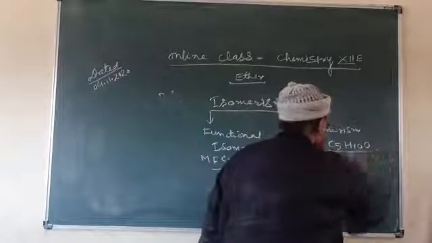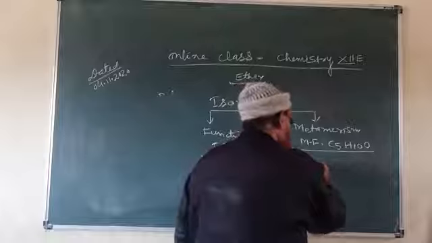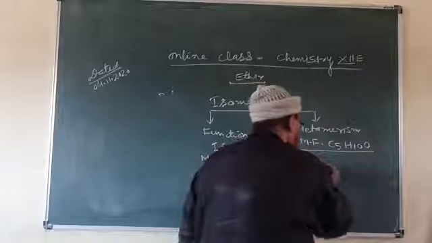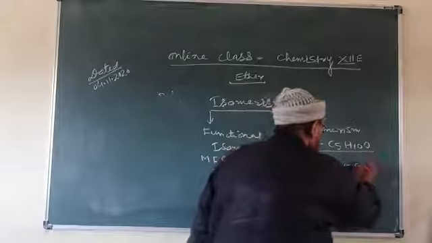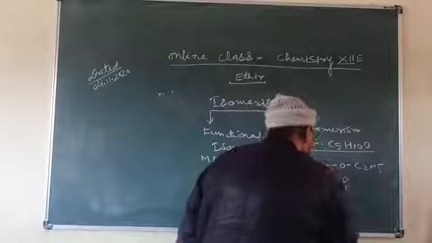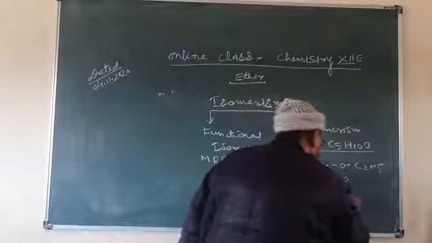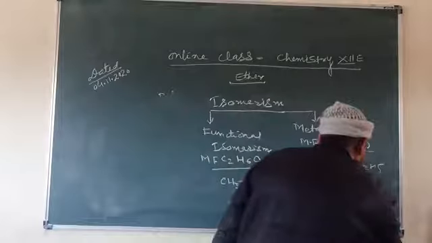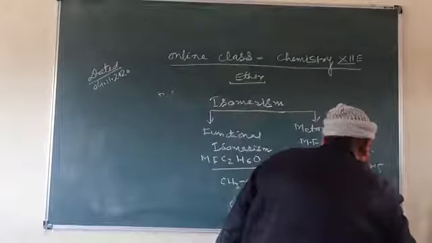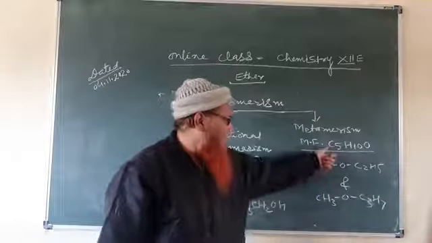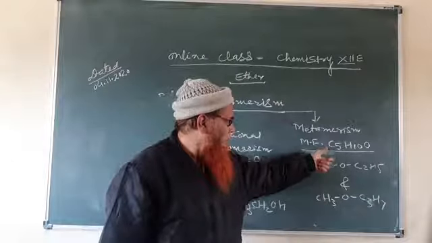We can write this one like that, C2H5OC2H5, and it is also written as CH3OC3H7. The formula is the same.